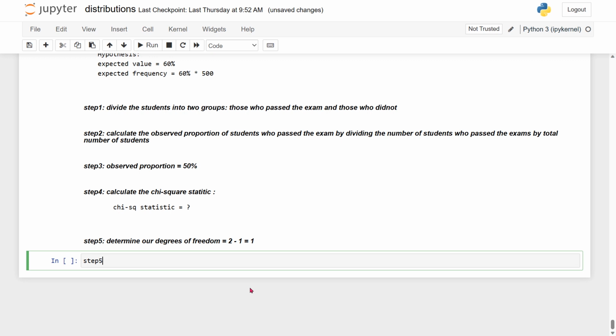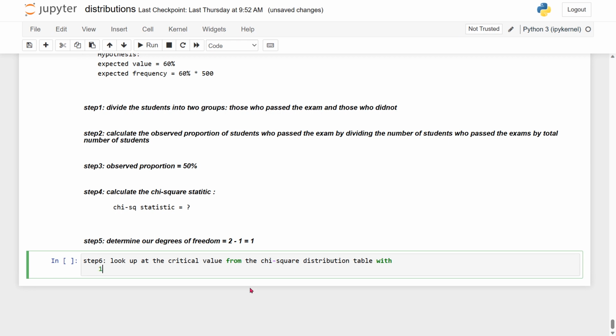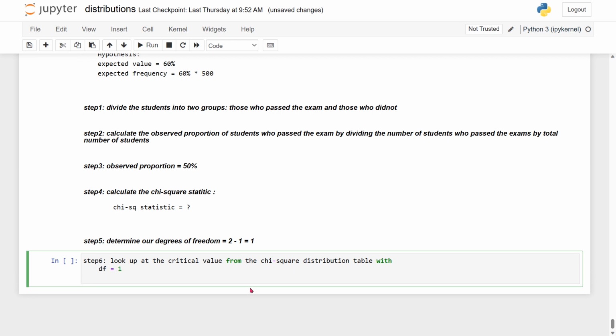So now let's look up the critical value from the chi-square. So step 6 is to look up the critical value from the chi-square distribution table with df is equals to 1 and a chosen level of significance, I want to go for the level of significance of 5%.